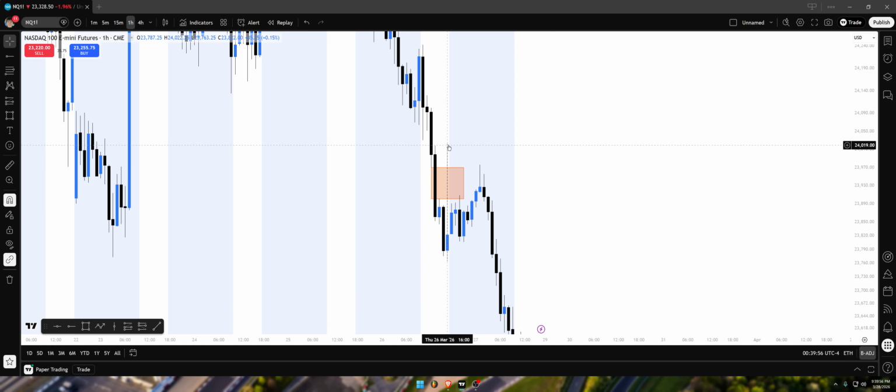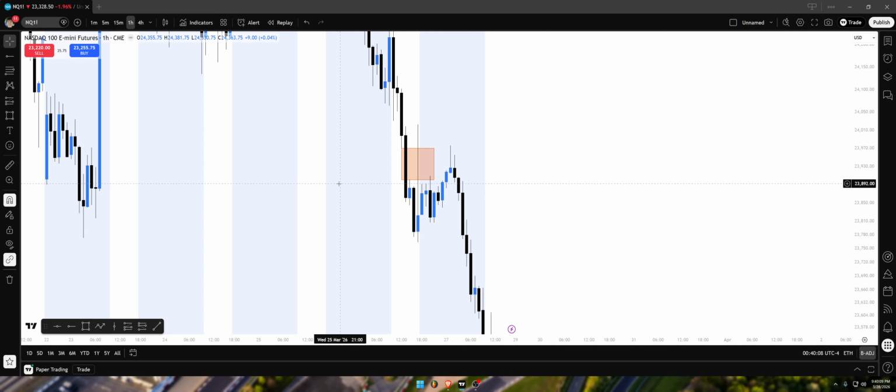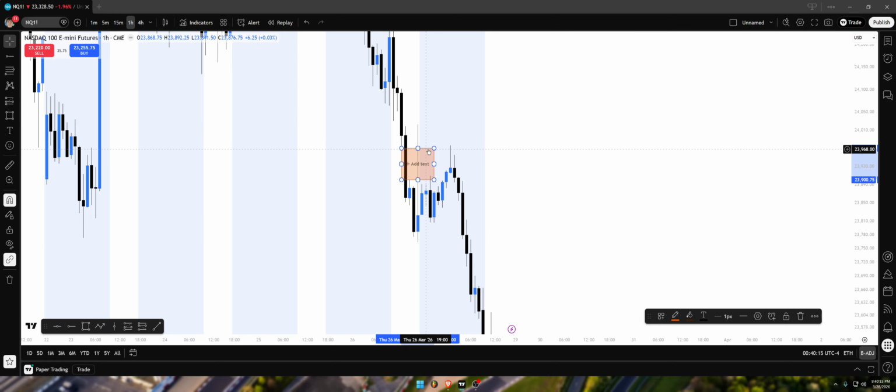And it happened quick enough that the body of whatever time frame you're on didn't even have a chance to close inside this range. The body closed all the way down here, all right? Which is a high confirmation that price is continuing the direction of that fair value gap, all right?